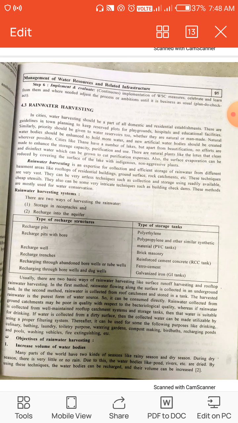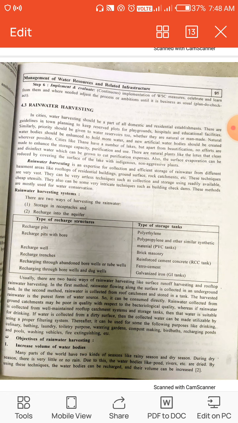So the rainwater harvesting system is divided into two ways of harvesting the rain. First one is storage in receptacles, and second one is recharge into aquifer.